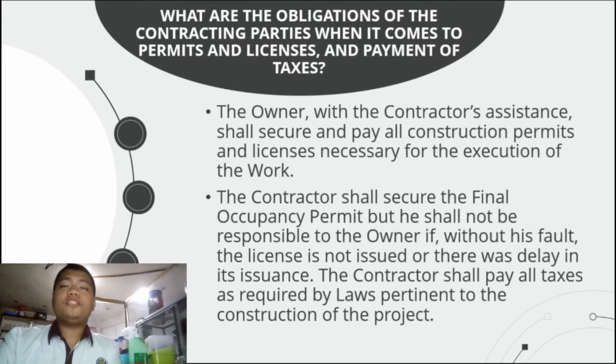The contractor shall secure the final occupancy permit, but he shall not be responsible to the owner if, without his fault, the license is not issued or there was delay in its issuance. The contractor shall pay all taxes as required by the laws pertinent to the construction of the project.